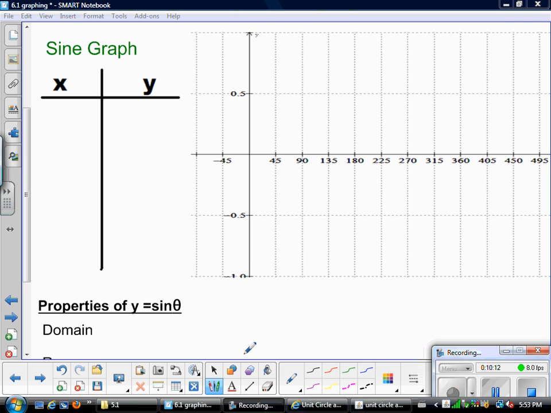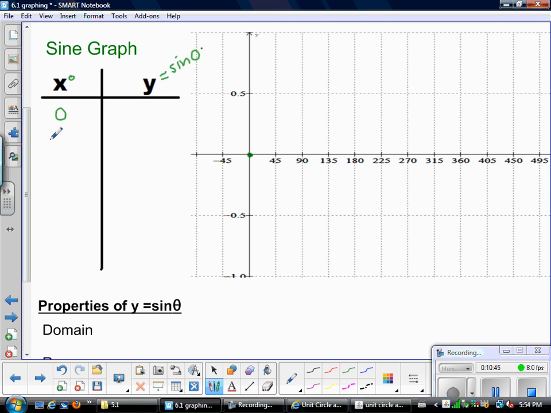Okay, so now what we're going to do is we're going to actually graph it ourselves. So what we're doing is we're choosing our values for x. Now remember, x is the values of theta. Okay, so it's actually in degrees. So for instance, if I choose 0 degrees, in order to calculate my y value, that would be sine of 0. Now you know sine of 0, if you take your calculator, it tells you that it is also 0.